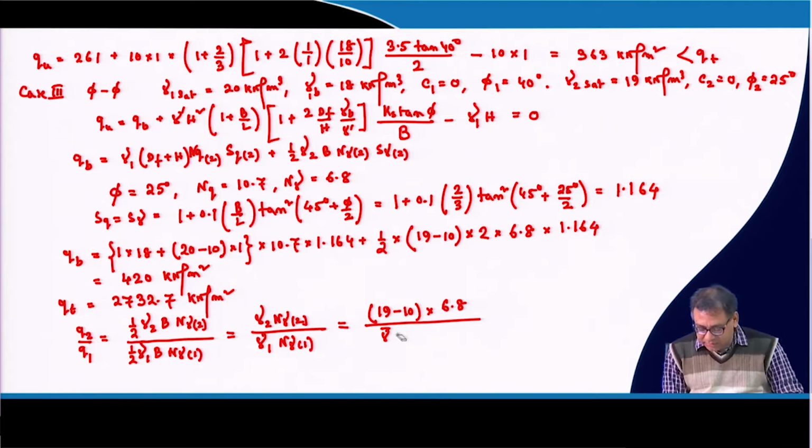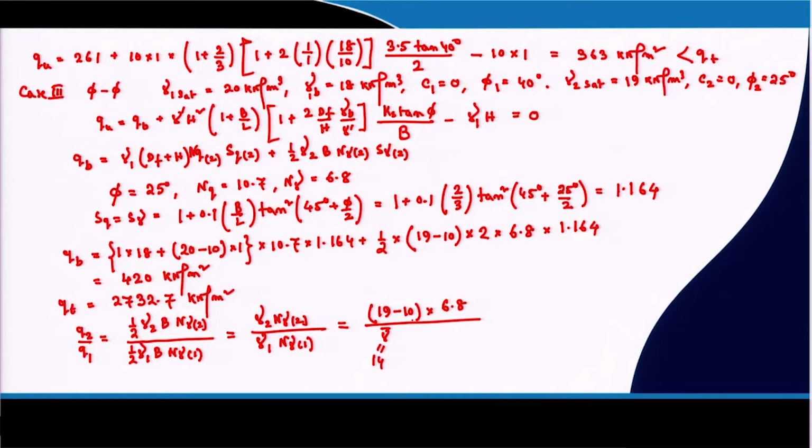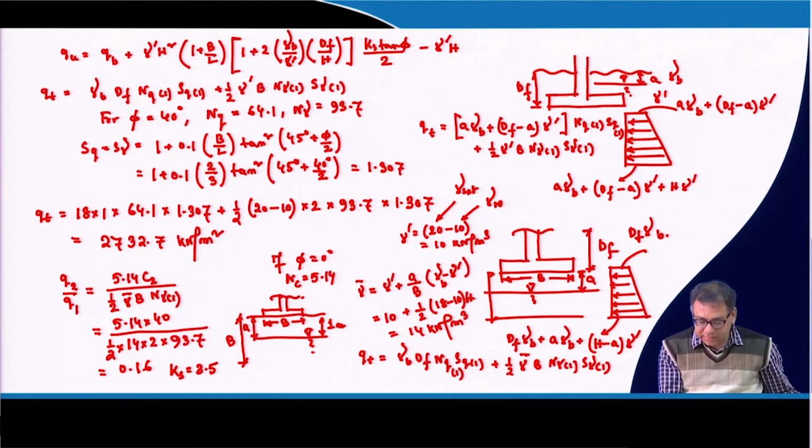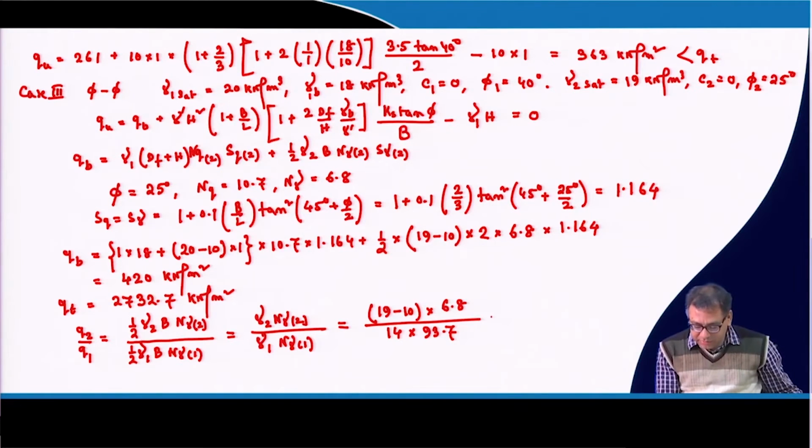So, I can directly write this value as 14. So, this is 14 into 93.7. In the previous problem you can see it is 93.7.